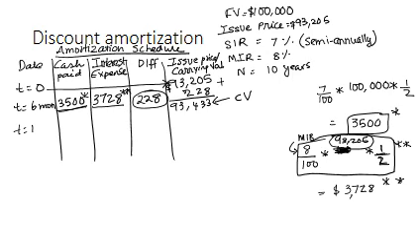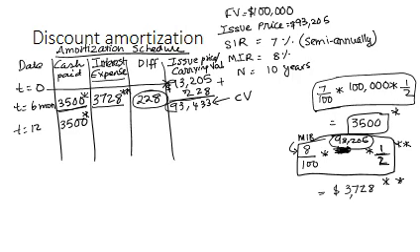Now at time t equal to 12, the cash paid on the bond continues to be 7% times 100,000 times half. This is a constant number. However, the interest expense will change because our carrying value has changed and it's no longer the issue price.